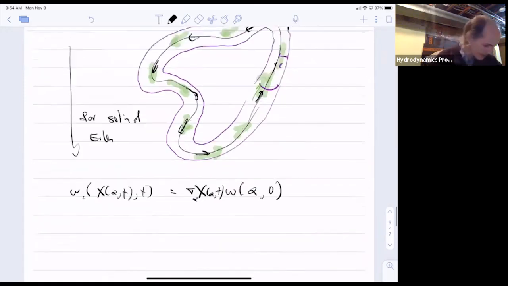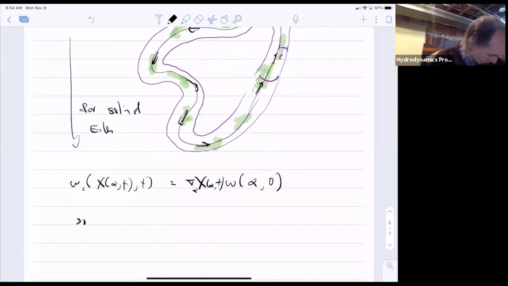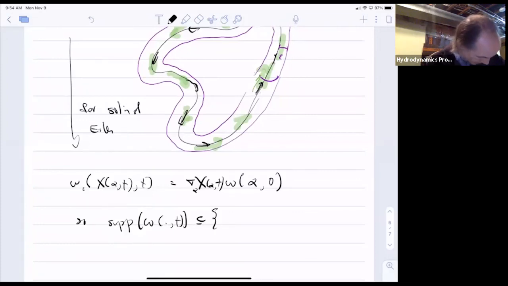In particular, this says that the support of omega at time t is contained in the image of the support of omega at time 0.